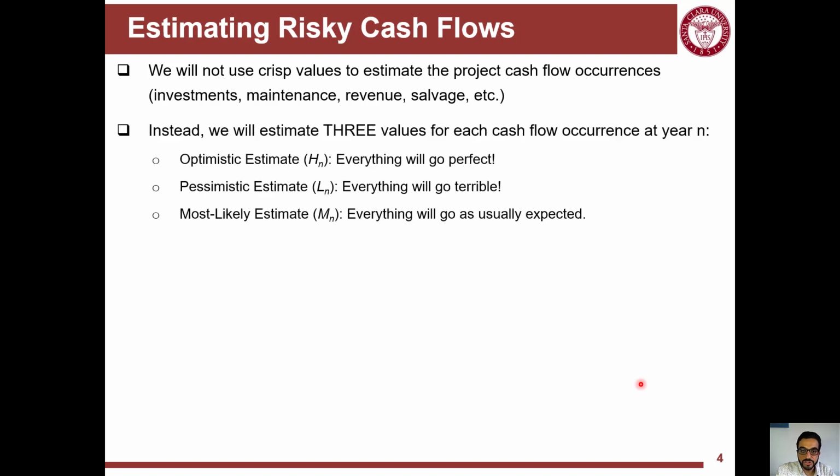You will represent each cash flow occurrence, your investment, maintenance, revenue, using 3 values: an optimistic estimate, a pessimistic estimate, and a most likely estimate, H, L, and M. If everything goes well, then that specific cash flow occurrence at year five, for example, will follow the optimistic estimate. If everything goes terribly, then you're following the pessimistic estimate. And if everything goes as usually expected, then you will be following the most likely estimate.